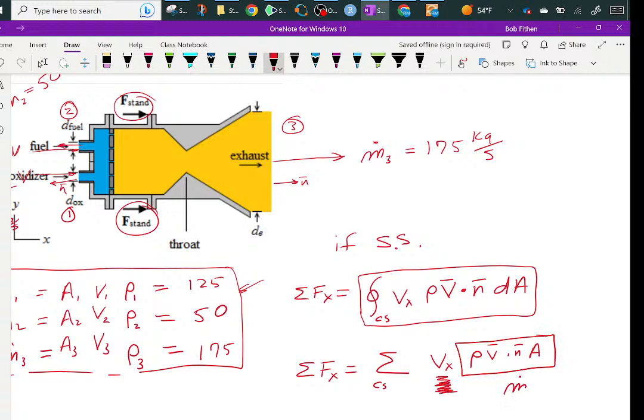So all I've got left is to find that. If I can find that for any particular one of these, then I can actually figure out the force on the stand or whatever.